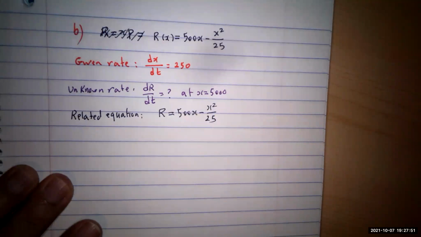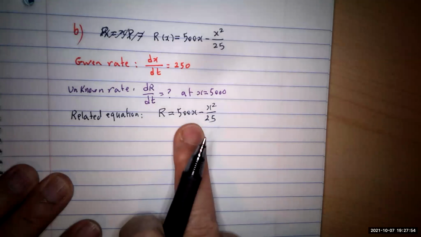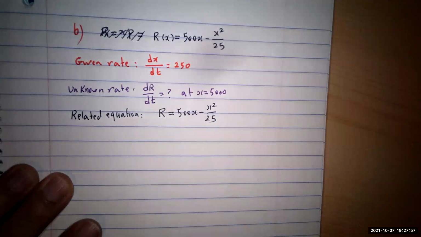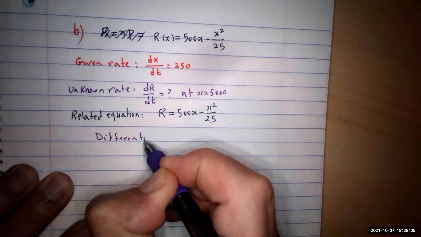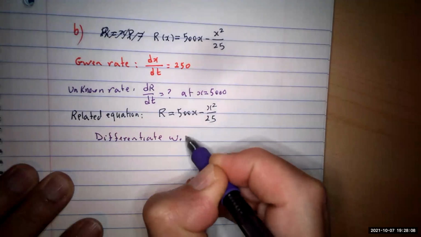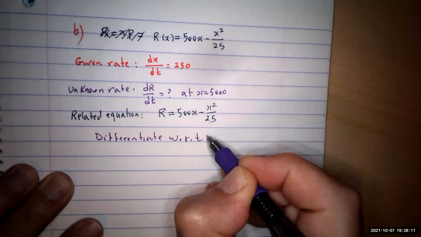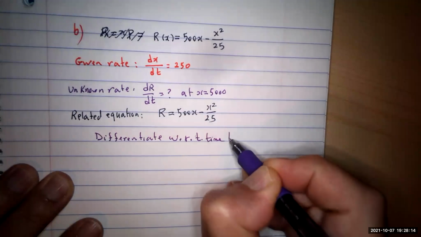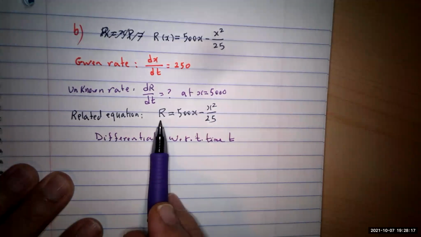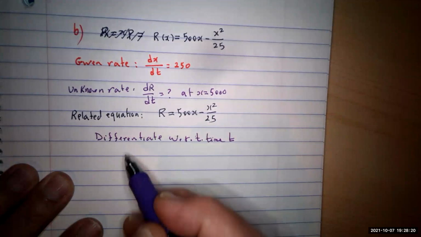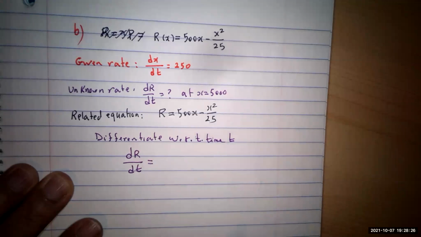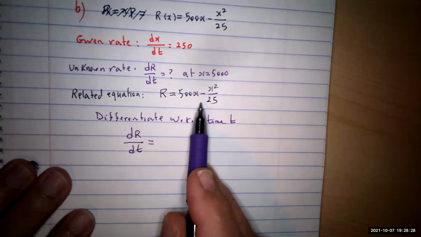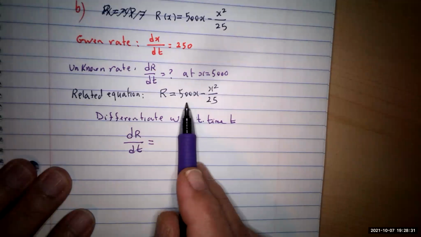Okay, so we have our function, R of t. What we're going to do is differentiate this one, with respect to the inside variable, which is t, the time. So this would be the rate of R with respect to t, dR dt, instead of R prime, equal to 500X.